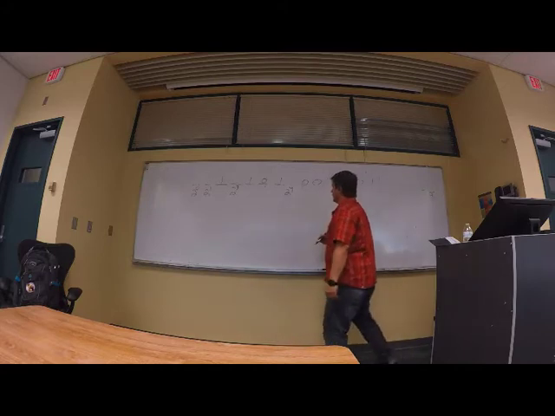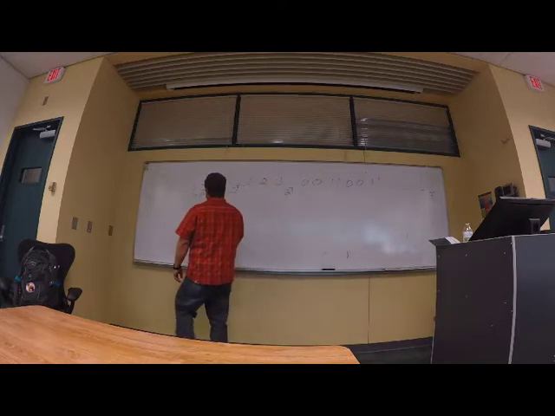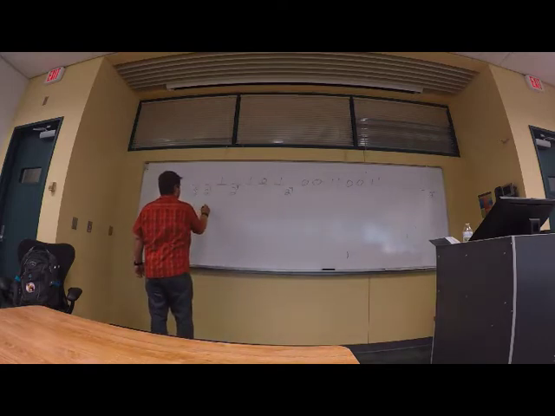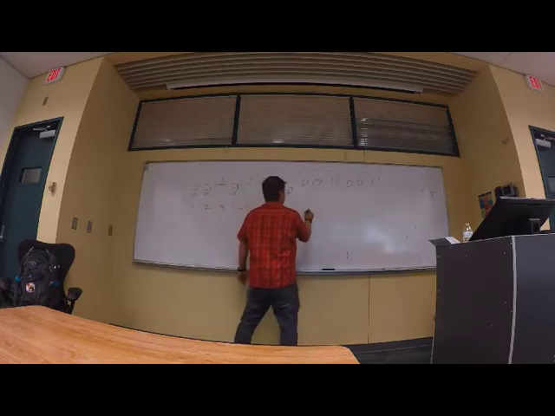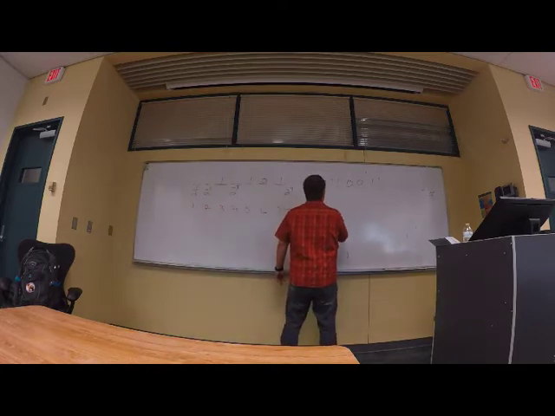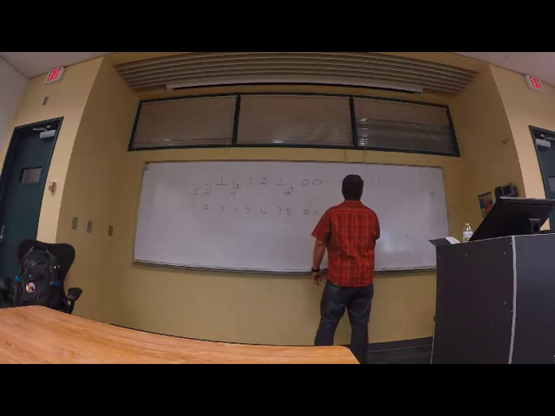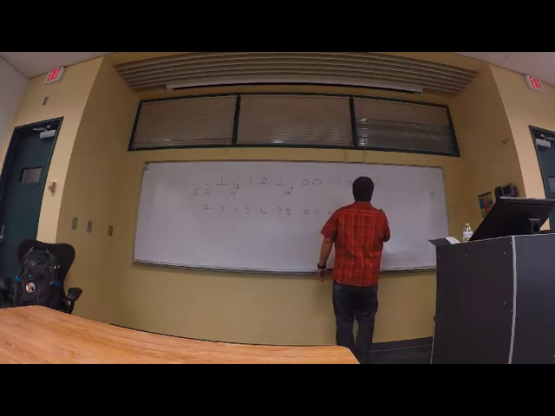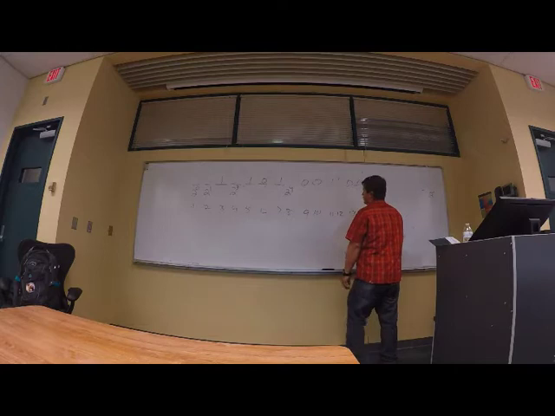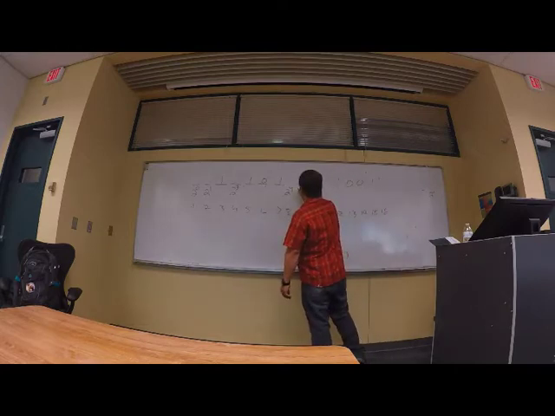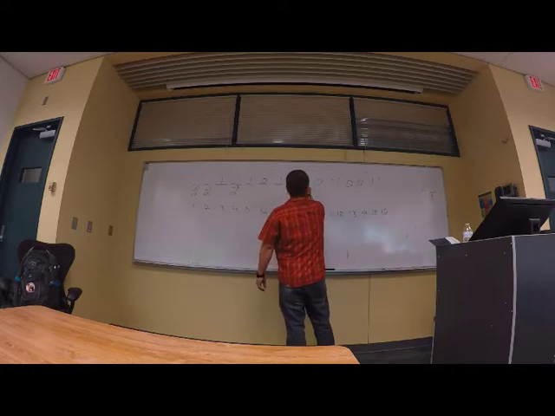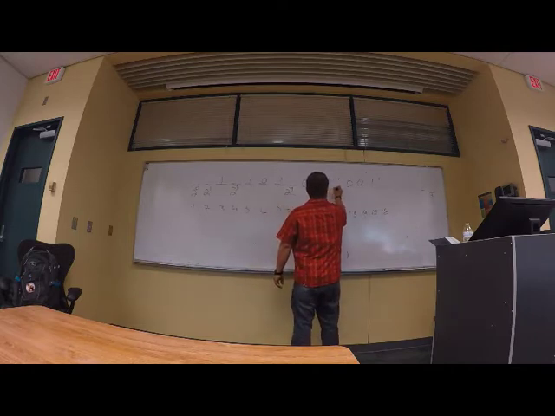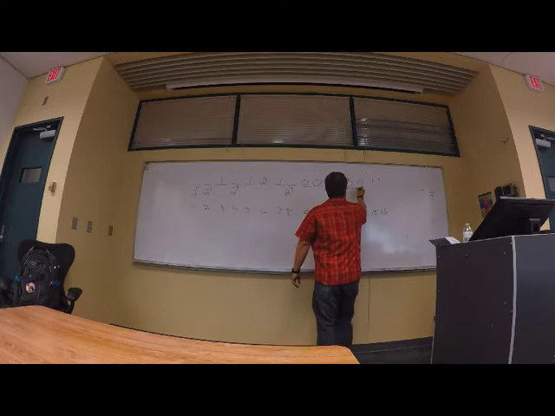Figure out where that is, right? So this is position 1, 2, 3, 4, 5, 6, 7, 8, 9, 10, 11, 12, 13, 14, 15, and 16. So 0101 again.